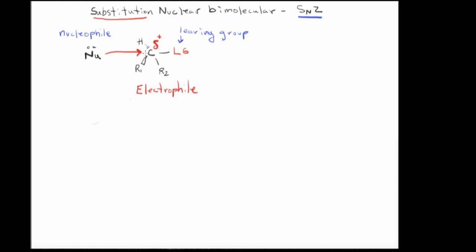So we have this collision here, the interaction between two particles that have opposite charges on them, a natural attraction between opposite charges, and then the leaving group. So we have a bond forming here. We have bond formation, and we have the leaving group, which is leaving. So we have bonds breaking.